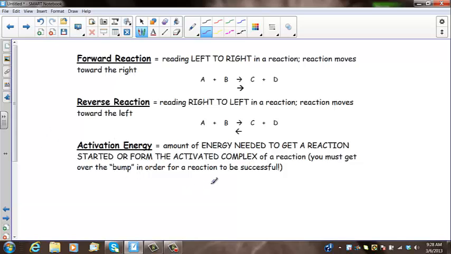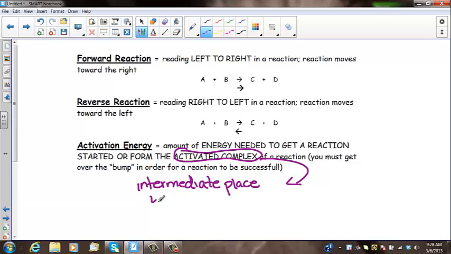Activation energy is the amount of energy needed to get a reaction started, to form the activated complex. Remember, I mentioned that the activated complex is an intermediate place where reactants are breaking and reforming bonds.